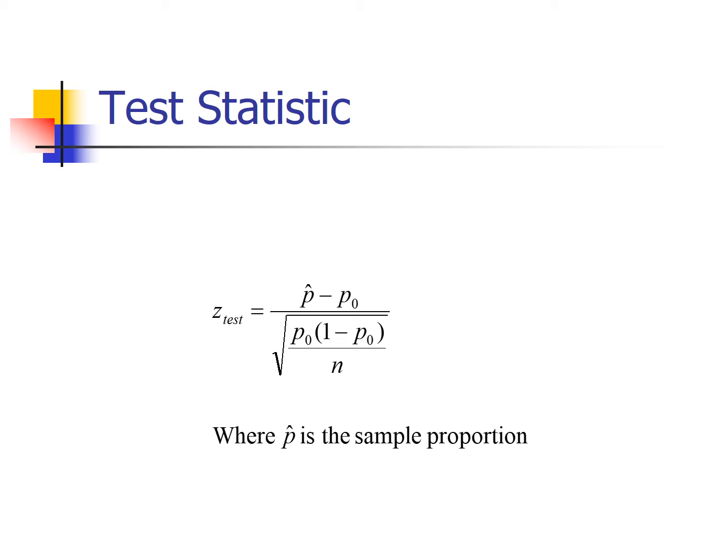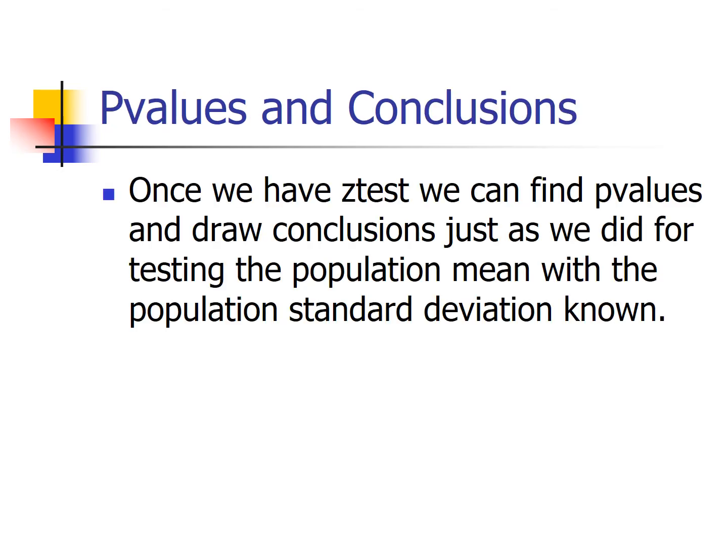So the test statistic still has that same interpretation. Under certain conditions that we won't really bother getting into, this test statistic follows a normal distribution with a mean of 0 and a standard deviation of 1. Hence, we call it a z-test. Steps 3 and 4 are exactly the same as our large sample hypothesis test for a mean.